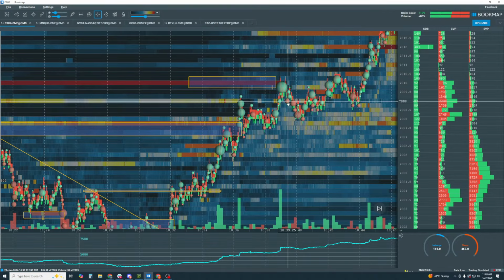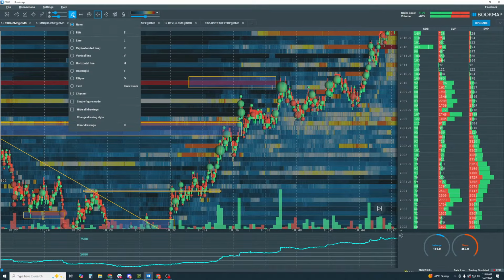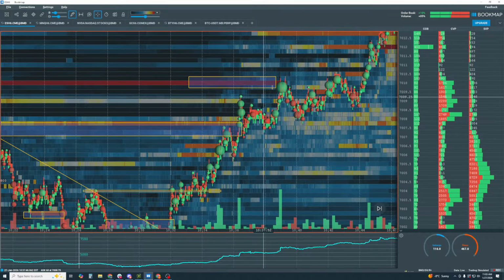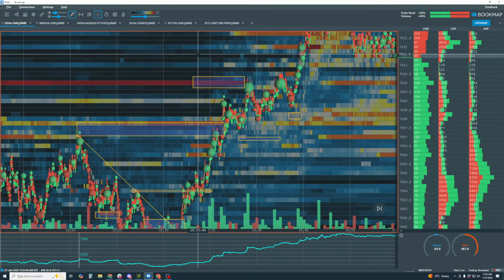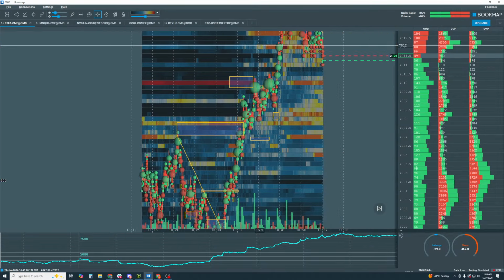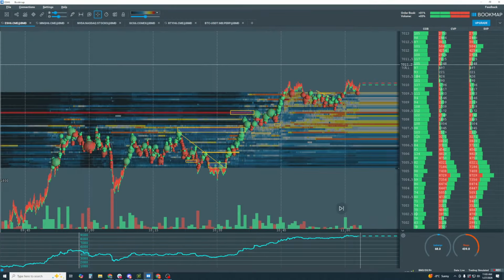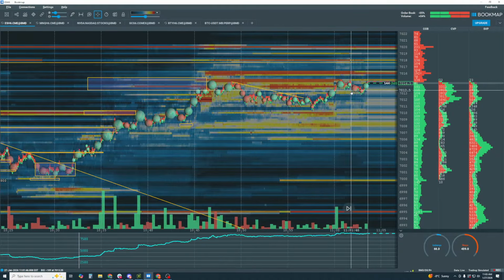Well, instead, what if I trailed my stop and then moved it down to here, right below the swing in here? I'd still be in it. And when it broke this one in here, I'd trail my stop up in here. Still be in it.